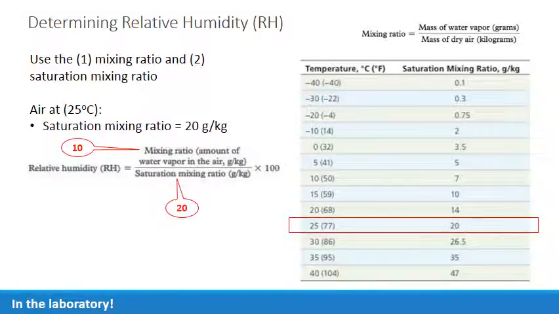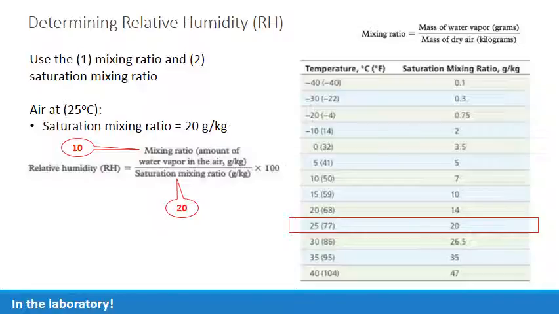Okay, students frequently have trouble the first couple of times they do it, calculating or determining the relative humidity. And I think the reason is that there's a lot of language, a lot of different terms that have similar names. So I want to just show you quickly that what we're talking about is the relative humidity of the air.